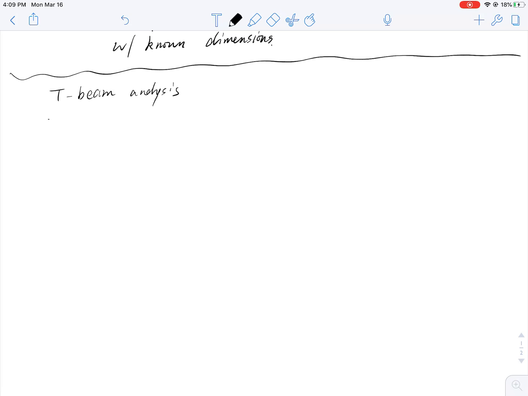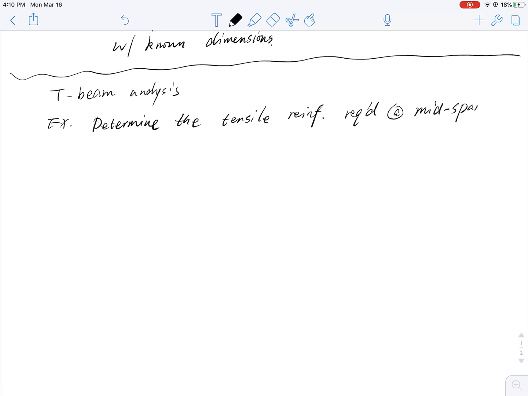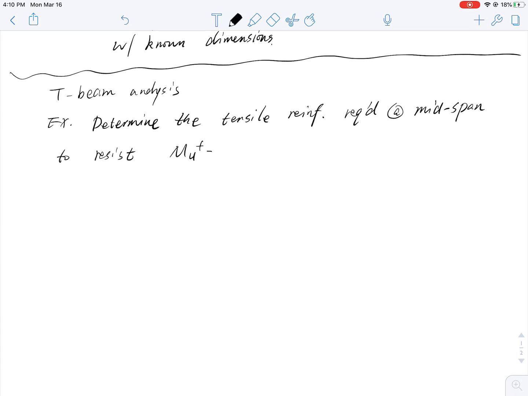First of all, this is to determine the tensile reinforcement required at midspan to resist a positive moment of 533 kip-feet.